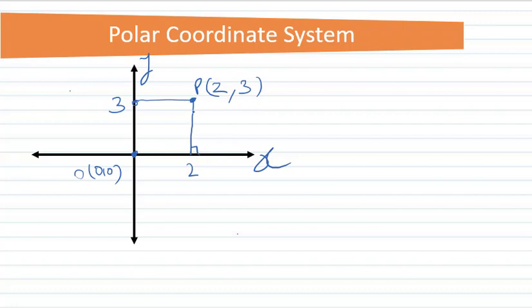Here you can observe this 2, that is the x coordinate, is representing the distance of point P from y-axis. This is 2, distance, that is 2. Right? So the x coordinate, which is 2 here, is representing the distance from y-axis.